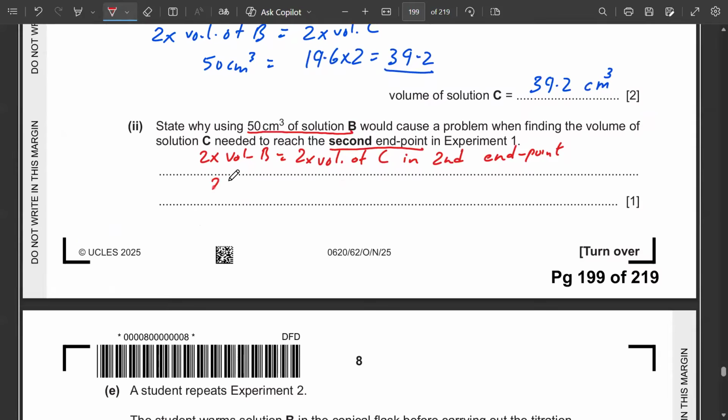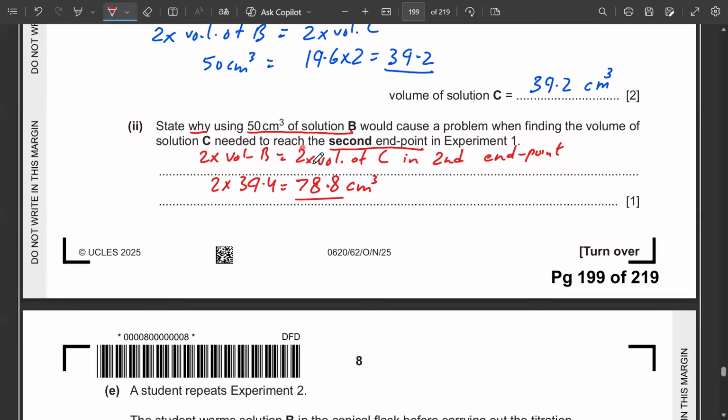So 2 times 39.4 will give you 78.8 cm cube. Now, what's the problem with this value? This is what we have to answer.